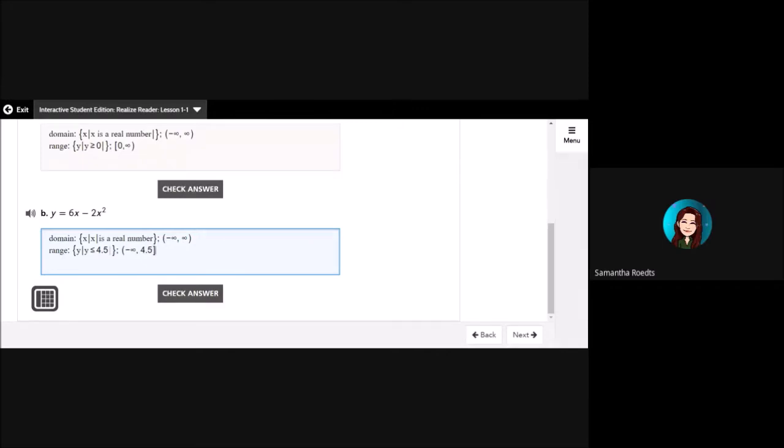Okay, so when I set and solve, I can factor out an x here, so I get x equals 6 minus 2x, and then I can solve that for 0, and I get 4.5. So that's my maximum. And then, of course, negative infinity, I can substitute any negative number, and I'll get a y value.